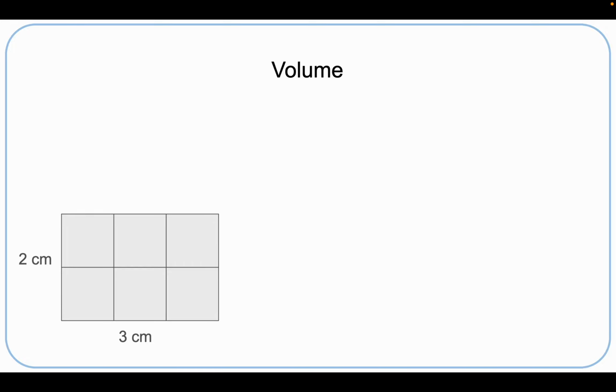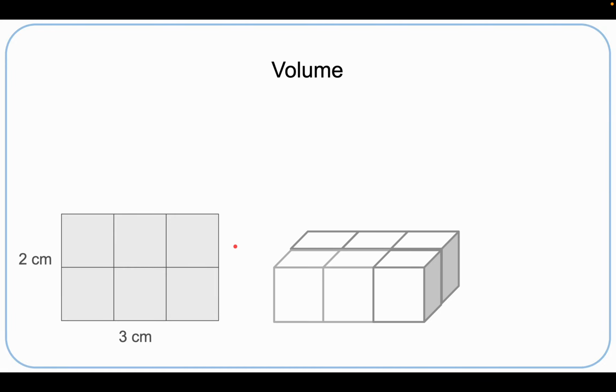Okay, and if we had sugar cubes or maybe Legos, let's say this is the base of a Lego set, and then we took cubic Legos and put them in on that base. So you would need 6 cubes to fill that base. And so the volume of this geometric solid would be 6 cubic centimeters, because we're in centimeters here.